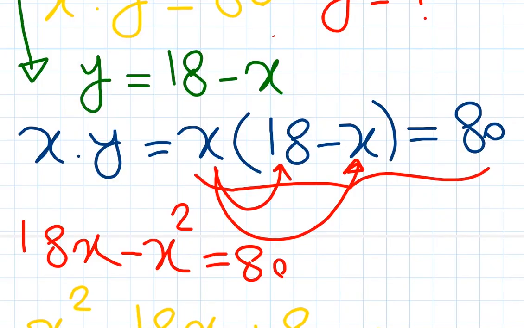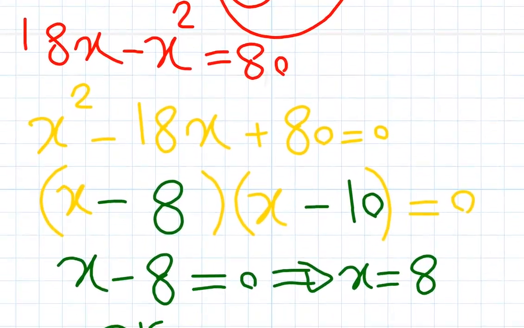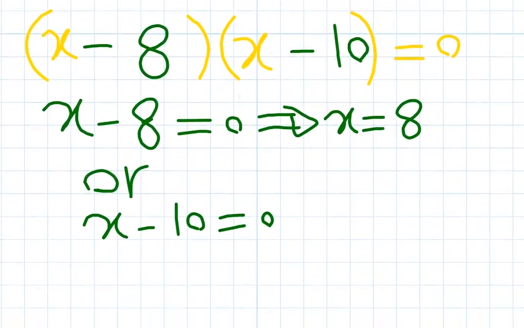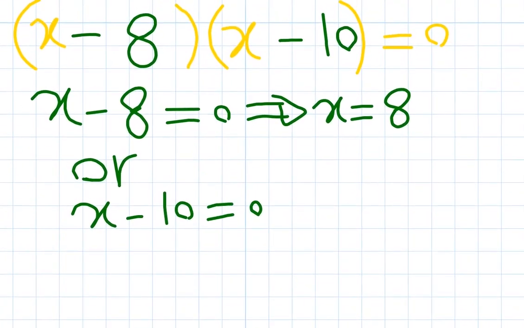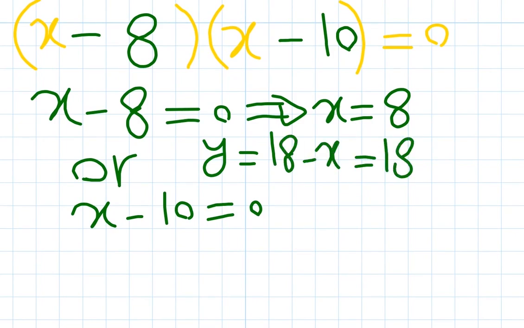So I write this exact value down here next to the expression x equals 8. I say that y also equals 18 minus x. How much was it? 8. And this expression becomes 10. So for the form x minus 8 equals 0, x became 8, and y became 10.